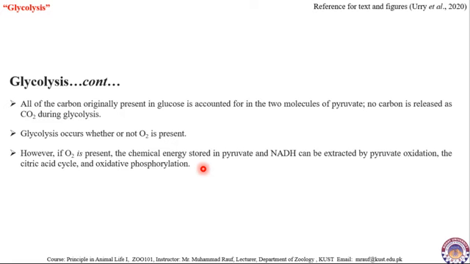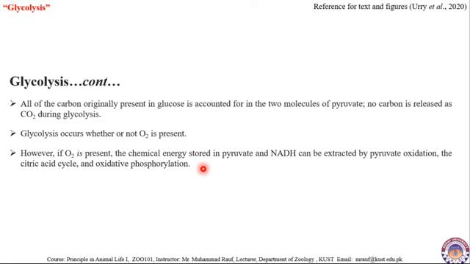In case of unavailability of oxygen, the pyruvate molecules enter into another pathway which is referred to as fermentation, because the progression of glycolysis requires free NAD molecules.